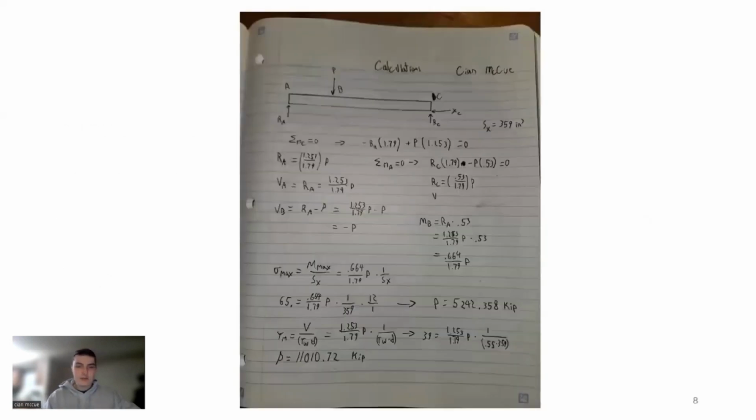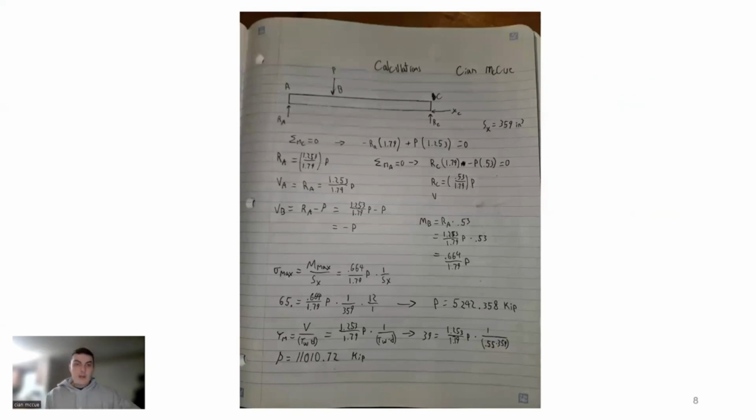So here are the hand-done calculations that were used to solve this problem. At first, we have our free body diagram similar to the one previous. First we summed the moments about C and A to get our reaction forces at both A and C, our pin points.